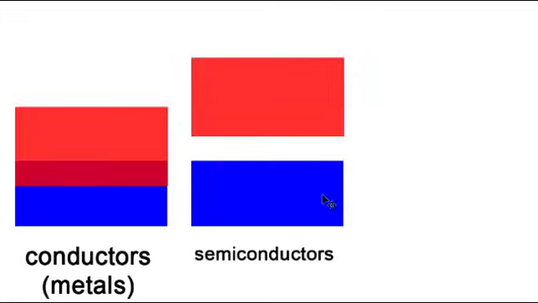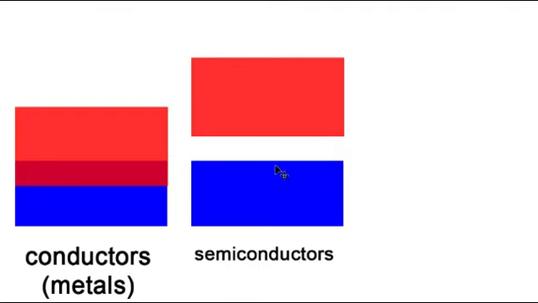So the other one we have is a semiconductor. In a semiconductor, there is a small space between the valence band and the conduction band. So normally semiconductors cannot conduct electricity, but once they become activated, they get a particular activation energy.